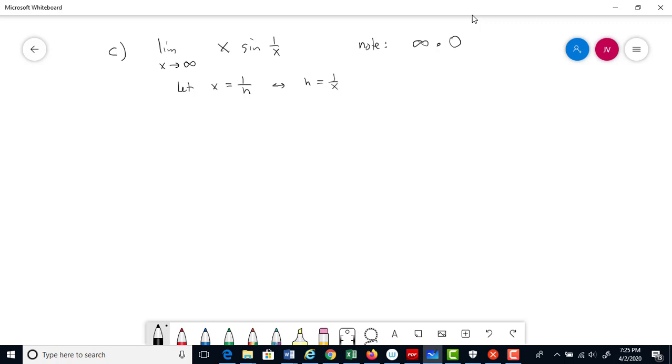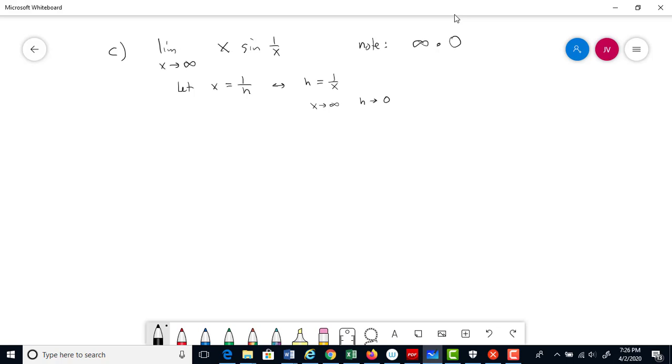What I'd prefer is that thing on the bottom. So if x goes to infinity, h is going to go to 0.